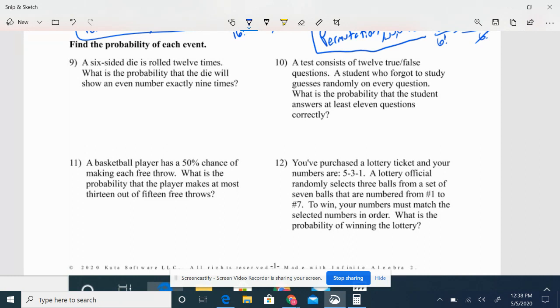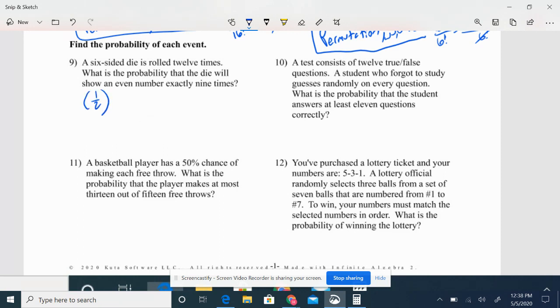Okay, so what I'm going to do is look at what is the probability that the die will show an even number. So I'm looking at what's the probability that I roll a die, and it shows an even number, right? There's 6 outcomes. There's 3 of them that are even numbers. So 3 out of 6. Now 3 out of 6, can I just call it 1/2?